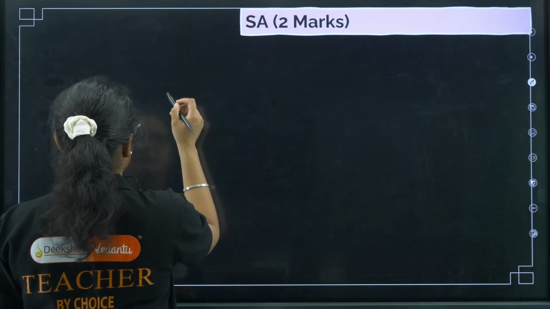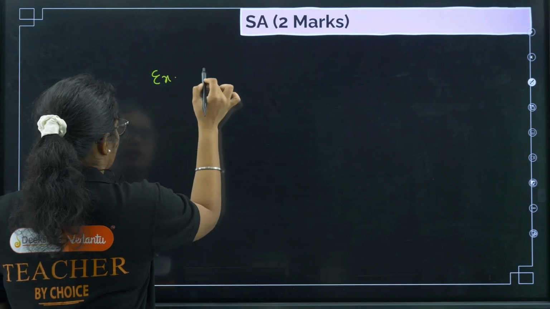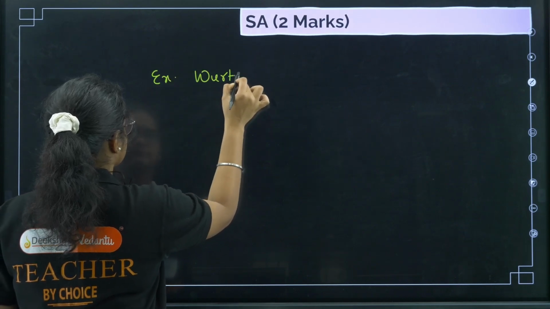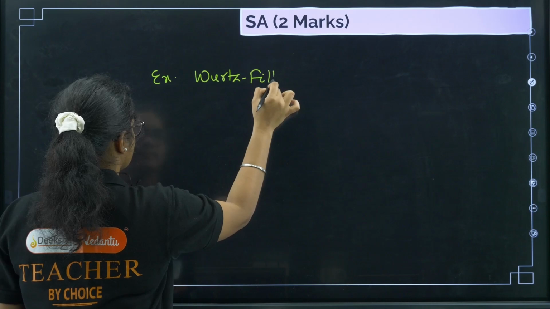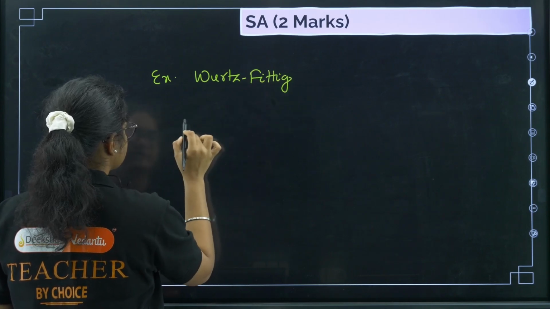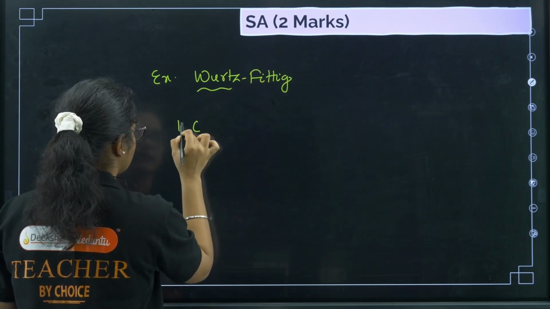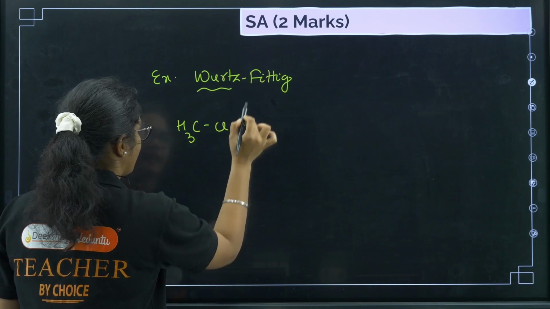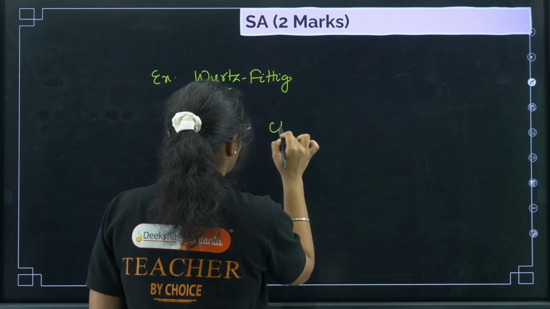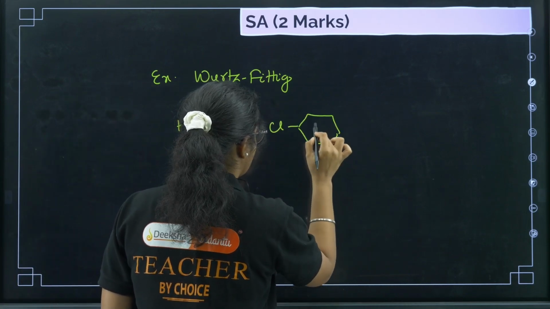So I can write examples for Wurtz-Fittig. Wurtz stands for any haloalkane, and Fittig reaction, you can take any aromatic, or I can say haloarenes.